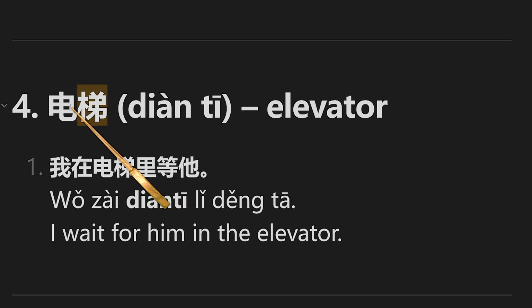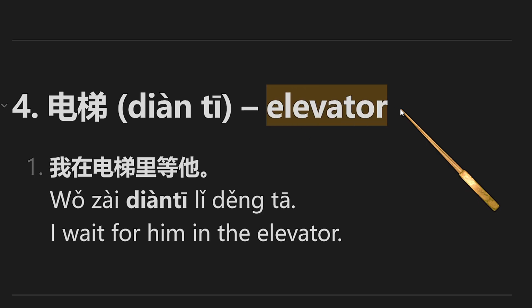On the left part, meaning because before ladders, stairs, ladders was better. Ladders they were made from wood. So that's why it's like that. But it's not normal wood, not normal ladder. It's electric ladder, 电梯. So elevator.